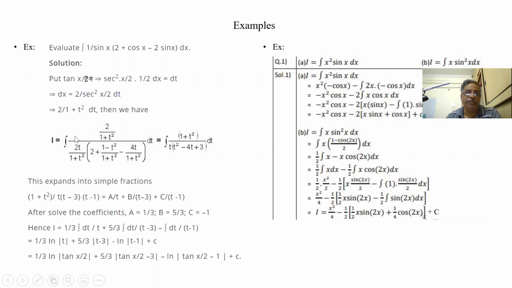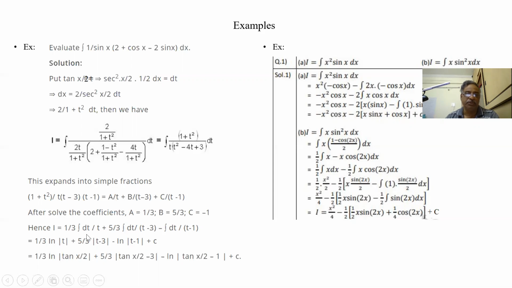So let us substitute here. Dx is equal to 2 by 1 plus t square. Sin x is equal to 2t by 1 plus t square. Cos x is equal to 1 minus t square by 1 plus t square. So when we substitute, we get fractions in the bottom: t into t minus 3 into t minus 1. This is divided into a by t plus b by t minus 3 plus c by t minus 1.